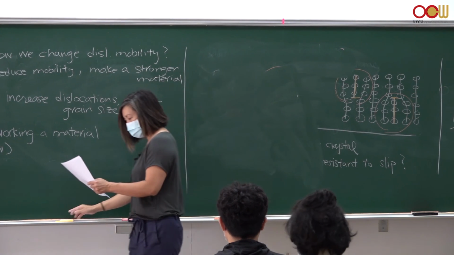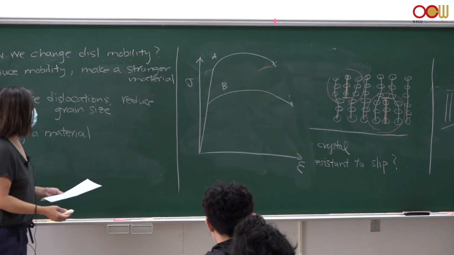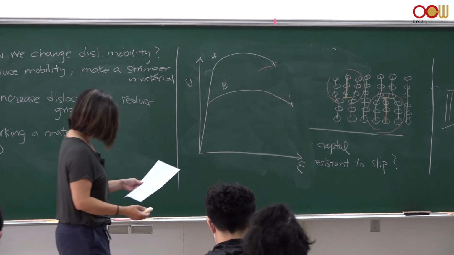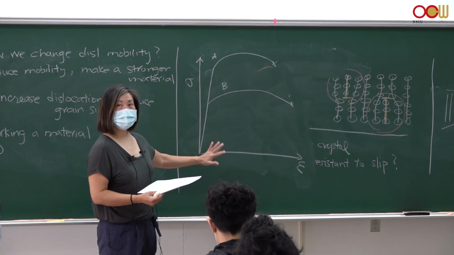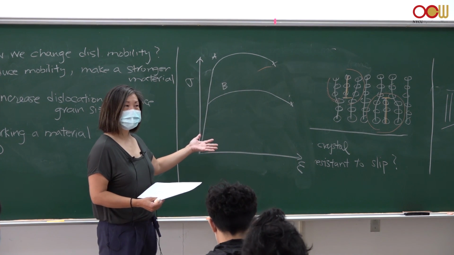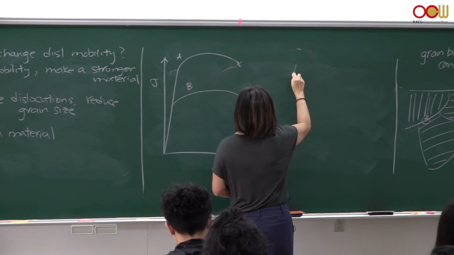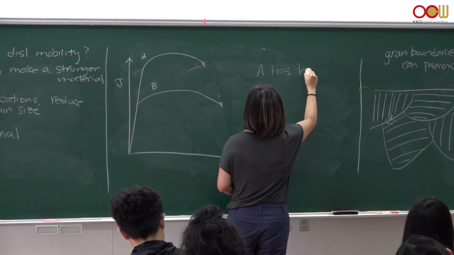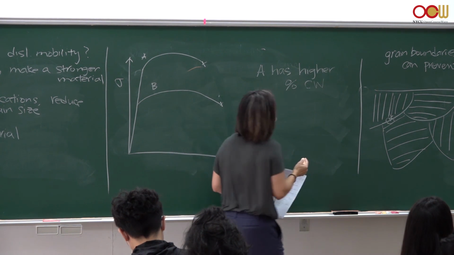A stress-strain diagram. Okay, you have 2 stress-strain diagrams for A and B, and I tell you that A and B are the same material, same composition, but you get 2 very different stress-strain diagrams. They're different because A has a higher percentage of cold work.